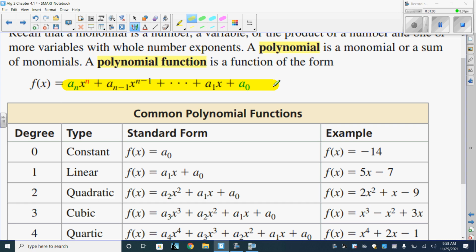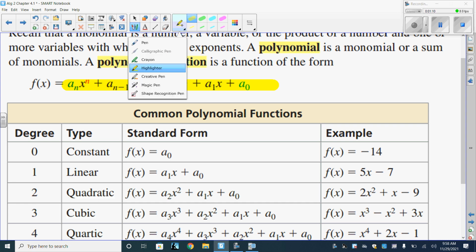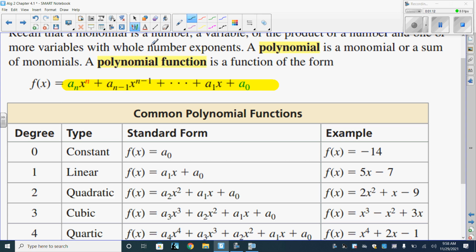X to the n minus 1, well, we could just put in a number and say 50. So we could say that this is x to the 50th, well, this here would be x to the 49th and going down. It's just saying that it's decreasing by 1, and we have it in this form here. It's considered to be in standard form when the variable with the biggest exponent is written first, and then decreasing by power.